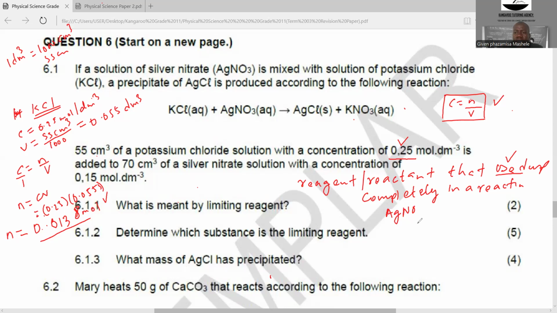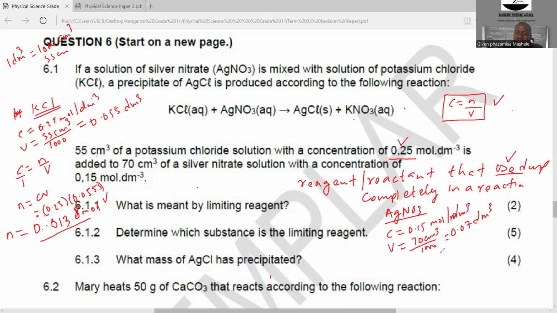Now we're going to calculate that for silver nitrate. We do the same. We're given the concentration of silver nitrate as 0.15 mole per decimeter cubic, and we're given the volume. The volume is 70 centimeter cubic divided by 1,000. So 70 divided by 1,000 gives us 0.07 decimeter cubic.